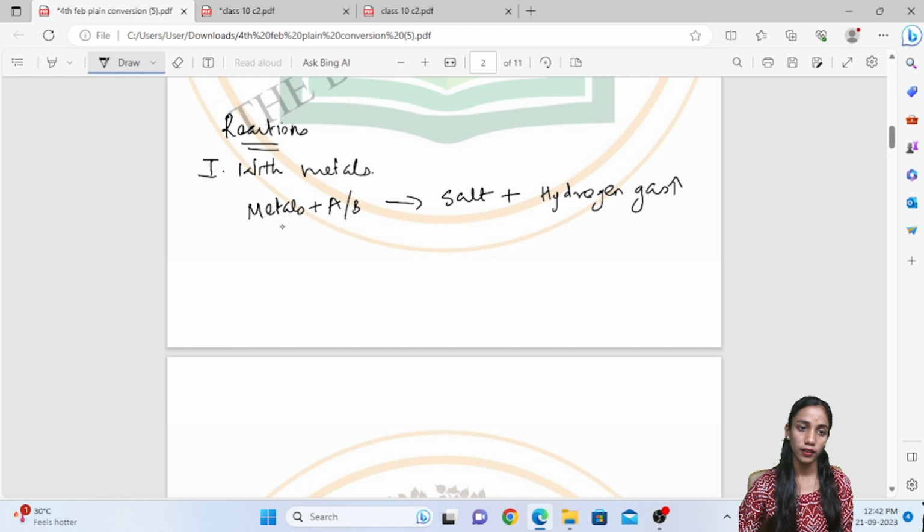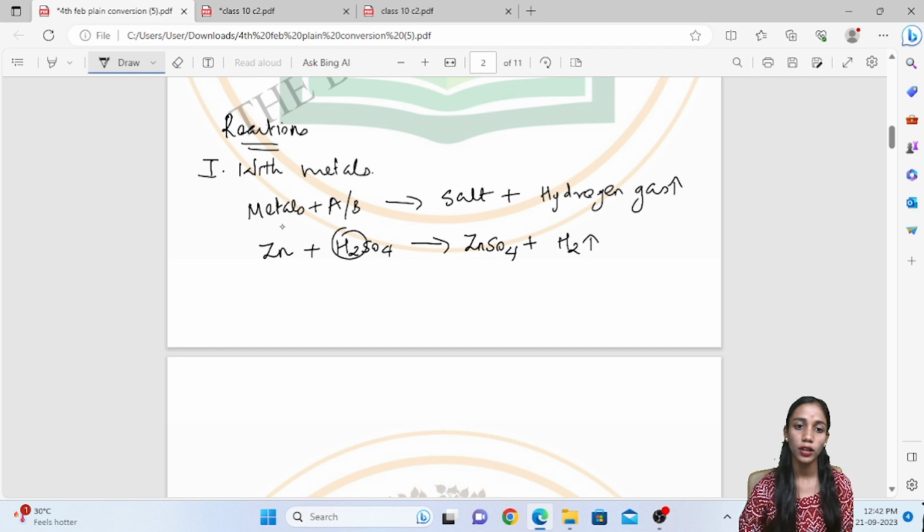Here the metal was zinc and the acid was H2SO4. So the salt formed, with hydrogen gas evolved out, will be zinc sulfate.